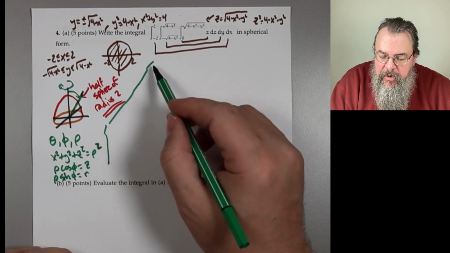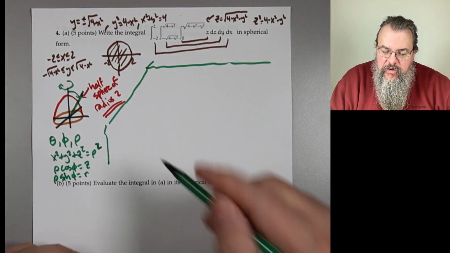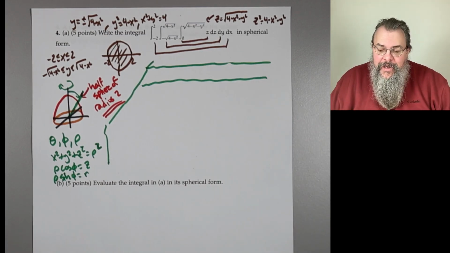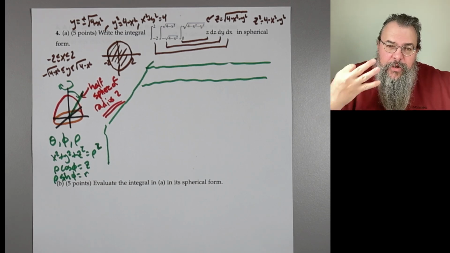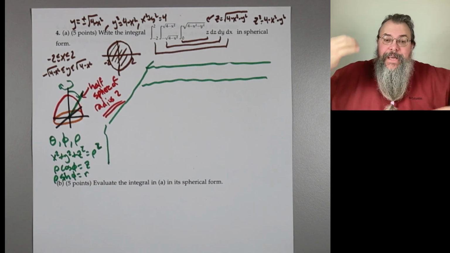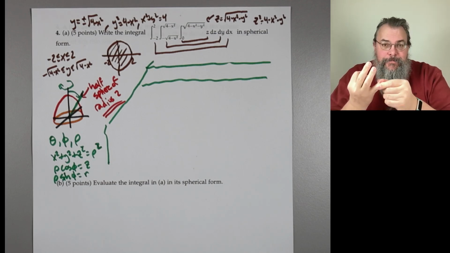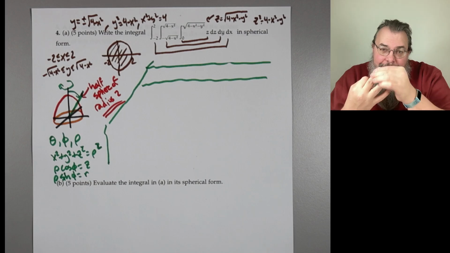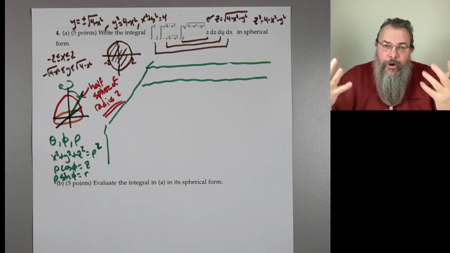The last little piece that we need is to remember about changing volumes. Every time we change coordinate systems, we have to take care of three things in our integrals, because every integral has three things: the function, the bounds, and how you break things up. That's our Jacobian part.